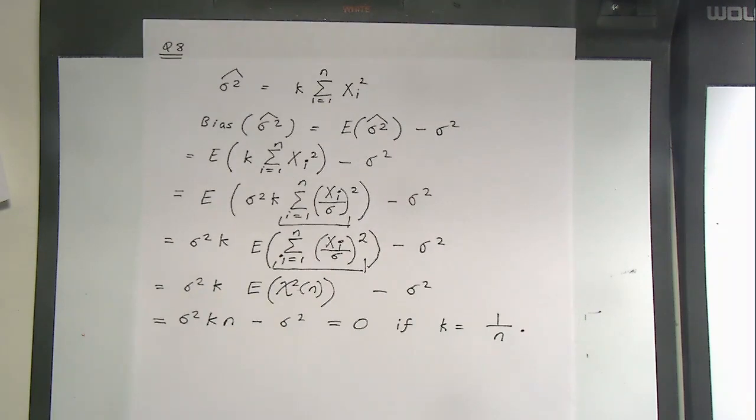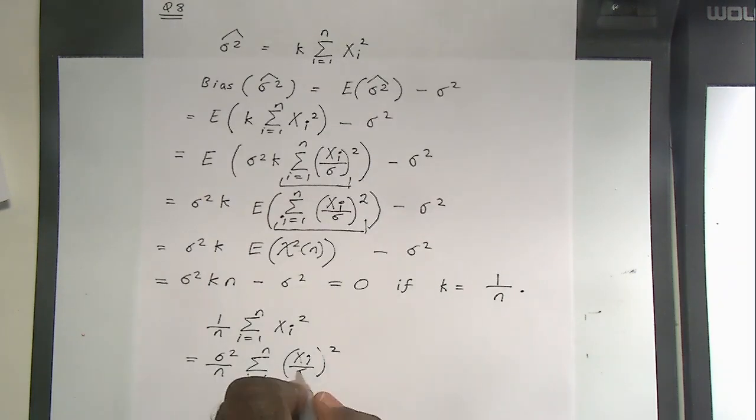Remember, 1 over n times this is simply this, and this guy we know has a chi-square distribution with n degrees of freedom.